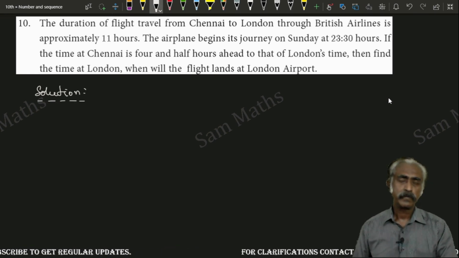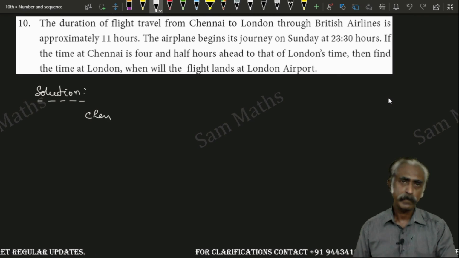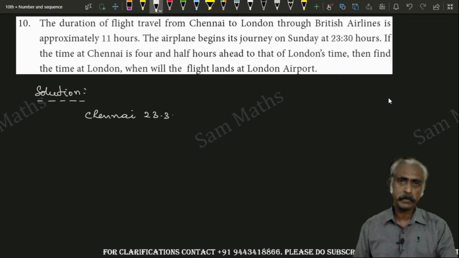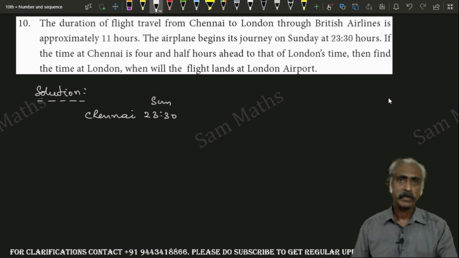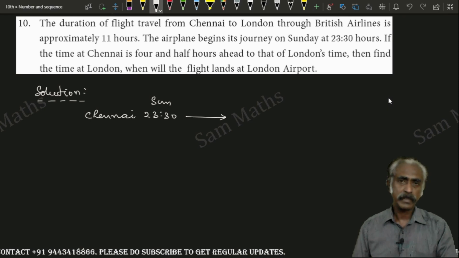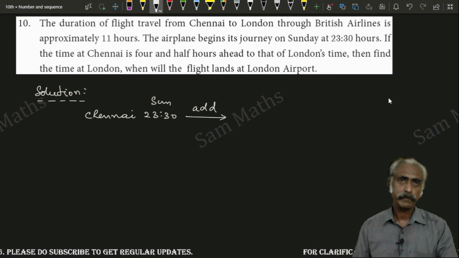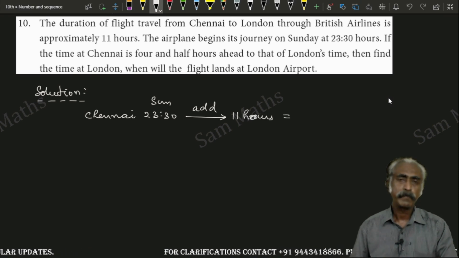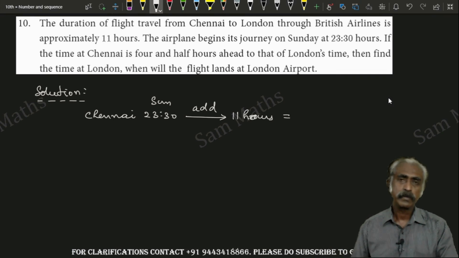Children listen. From Chennai, timing is 23:30 hours. This is Sunday. Okay, children. It's traveling 11 hours. So you have to add 11 hours. So we are getting, you add with this, it becomes 24. Am I right? 24.